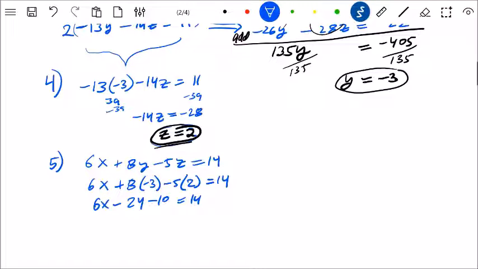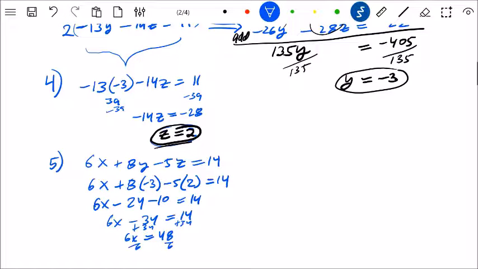24 plus 10. So 6x minus 34 is equal to 14. Okay. Going to add, let's see, did I get my negatives right here? Okay, plus 34. And so I get 48.